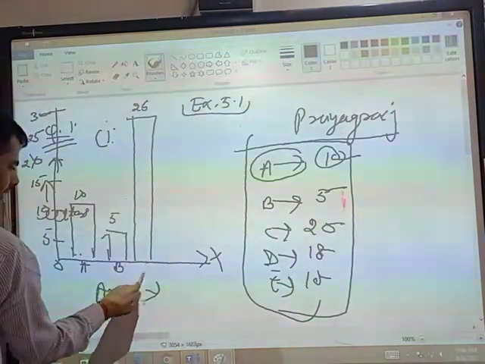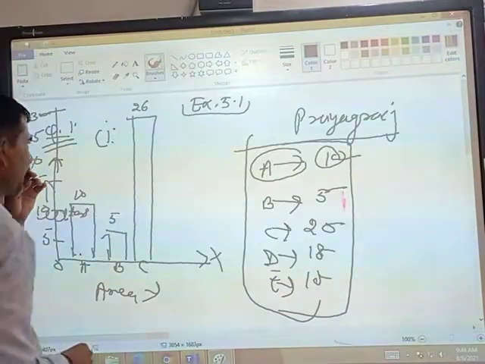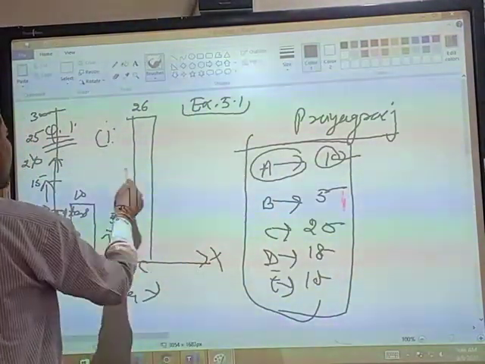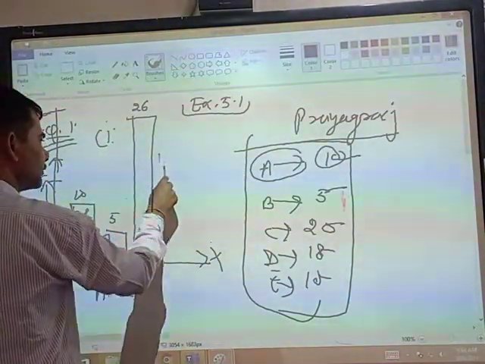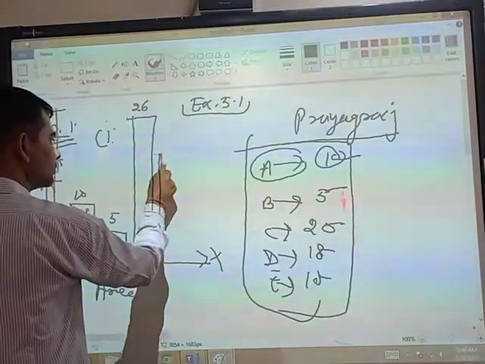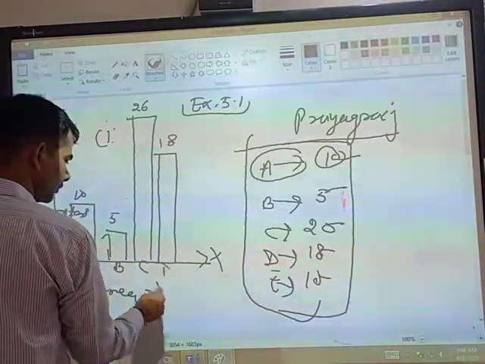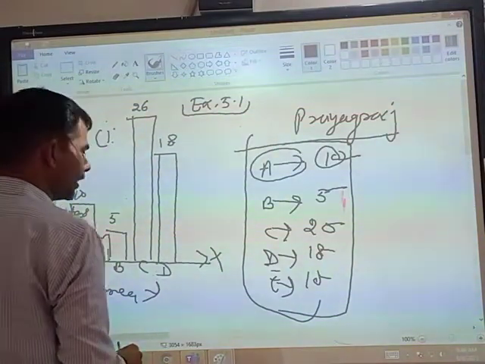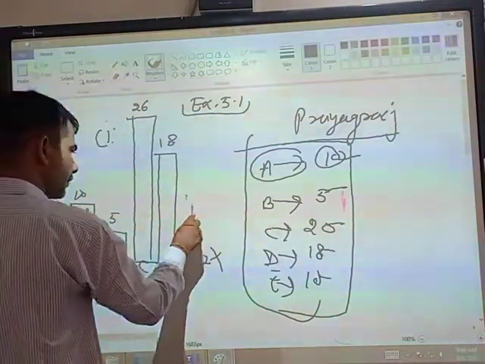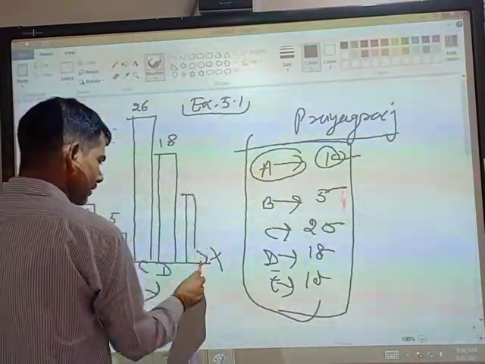That is C area. And D area has 18 letters. And in E area, 10 letters.